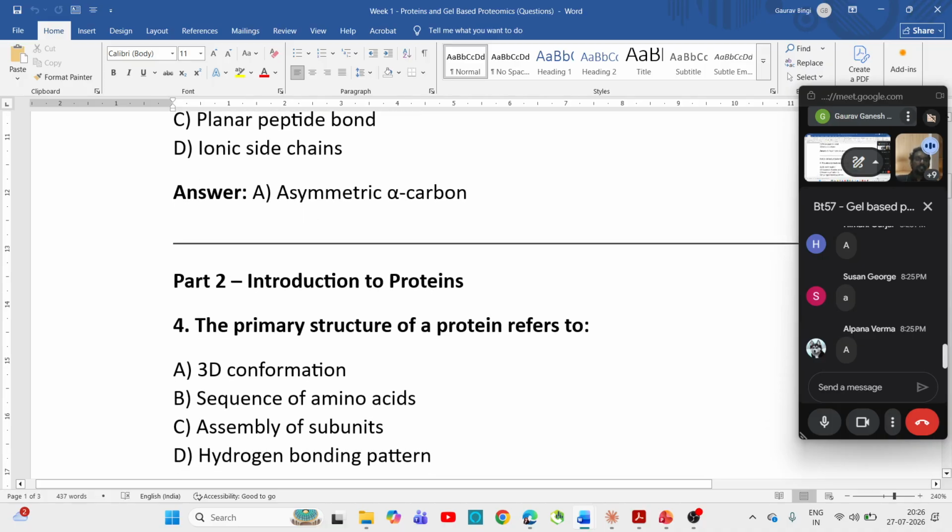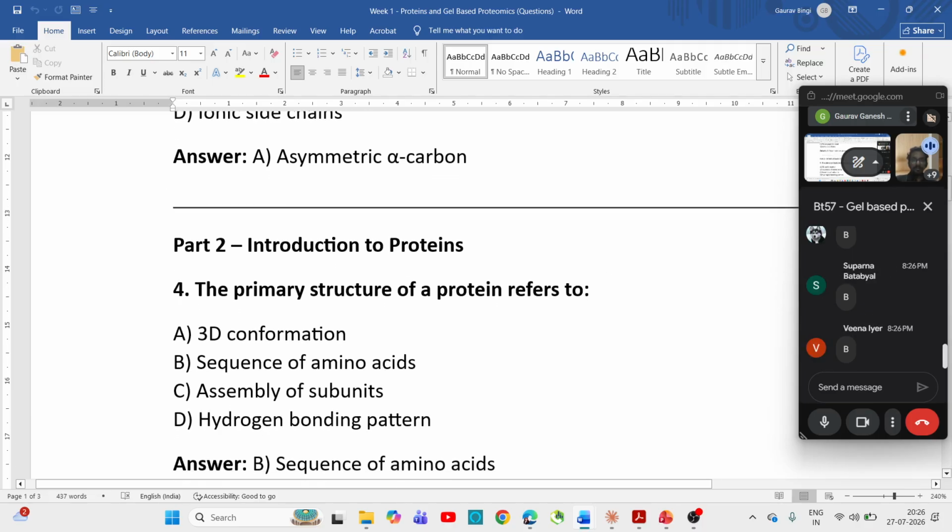Okay, the primary structure of a protein refers to... Yes, it's the sequence of amino acids.